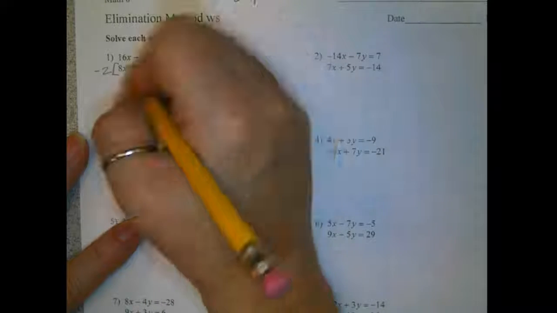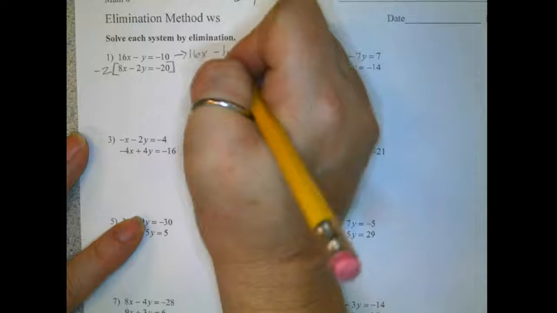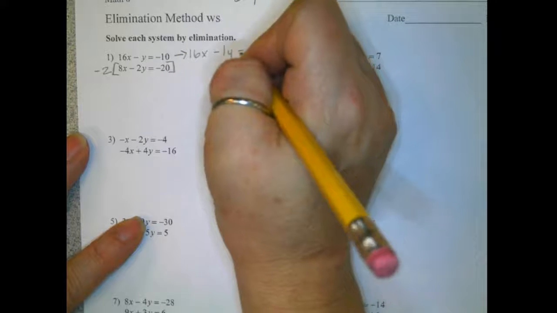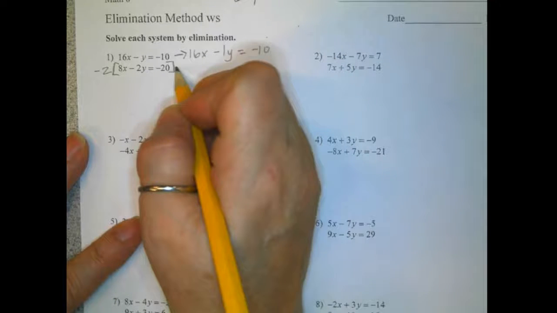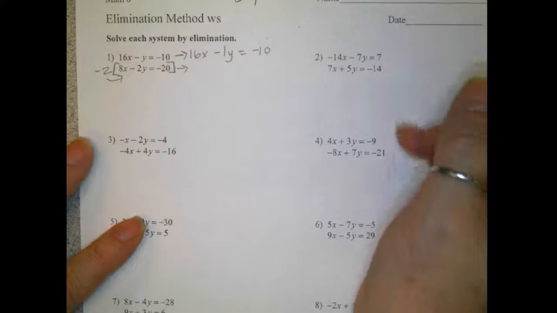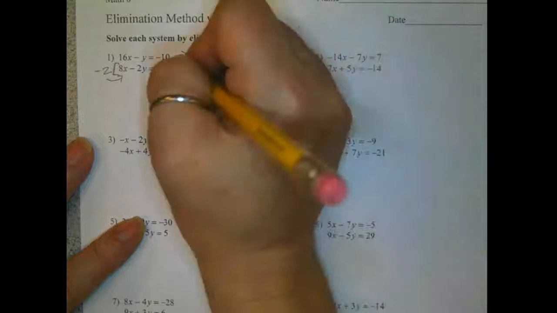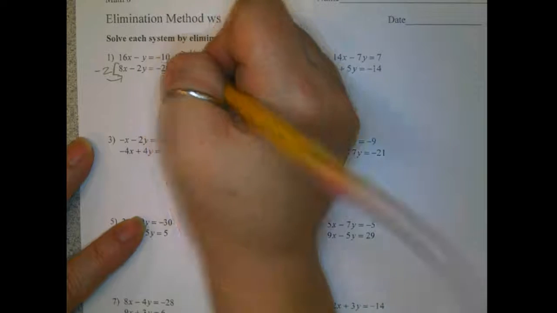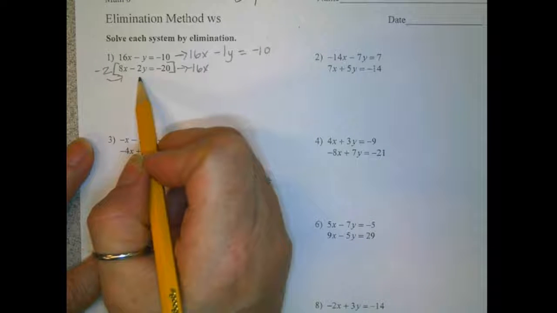So I'm going to go ahead and move over my 16x, my minus 1y, I'm adding 1y, and it's going to be equal to negative 10. And then when I do my multiplication here, negative 2 times 8x is going to give me that same digit opposite sign to eliminate my x's, right? Minus 16x. Negative 2 times a negative 2y is going to give me what?